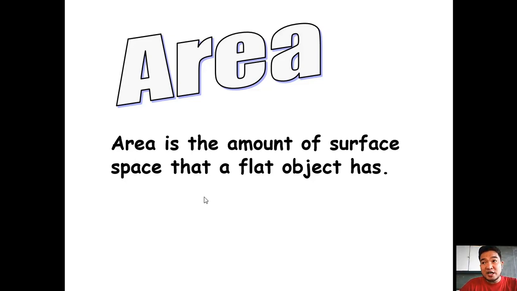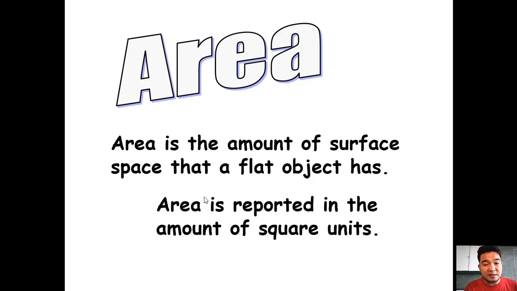For example, yung floor natin sa bahay, pag sinukat mo yon, yung buong floor, that is the area. Pero kapag yung gilid lang ang sinukat mo, that is the perimeter. Okay? So, yung area muna ang sukatin natin. Area is reported in the amount of square units. Okay? So, the measurement of area is always in the square units.